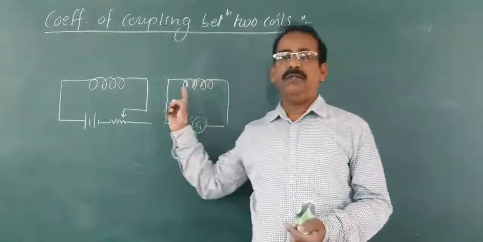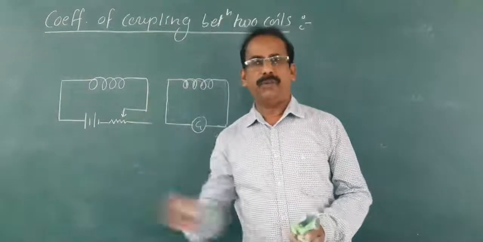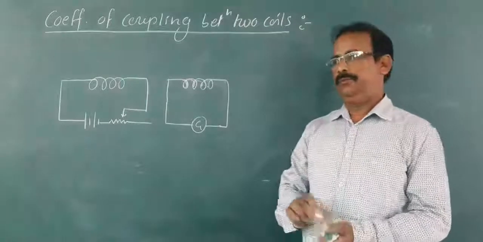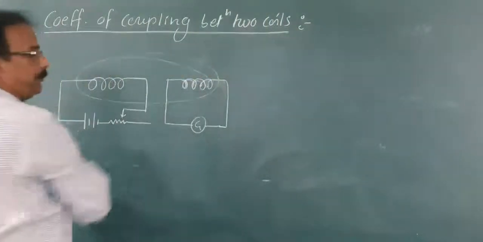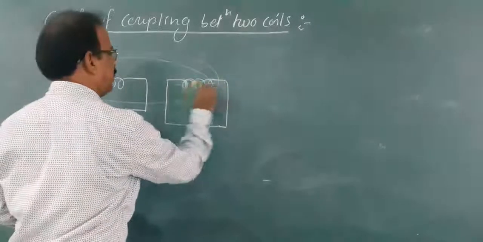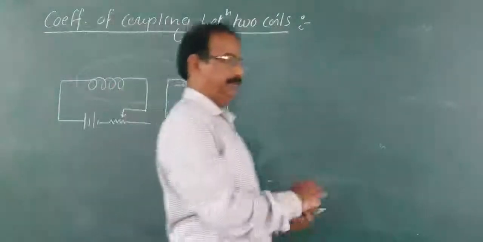This coil is present in the magnetic field produced by the first coil. Therefore, some magnetic flux reaches the second coil.